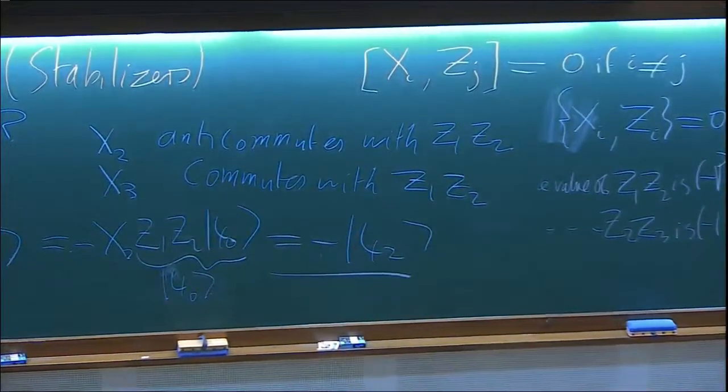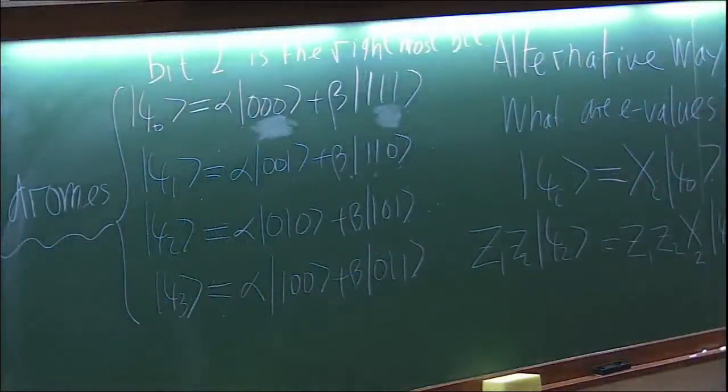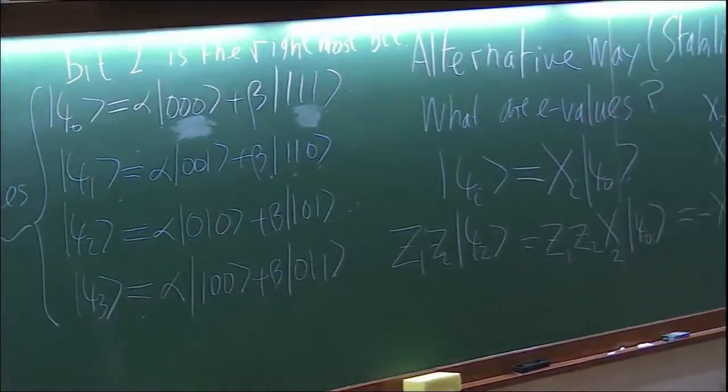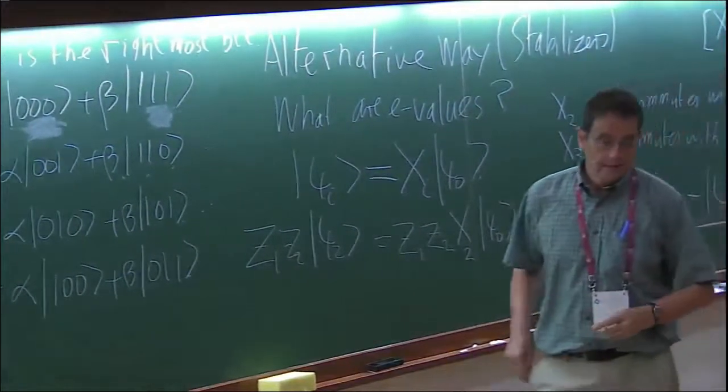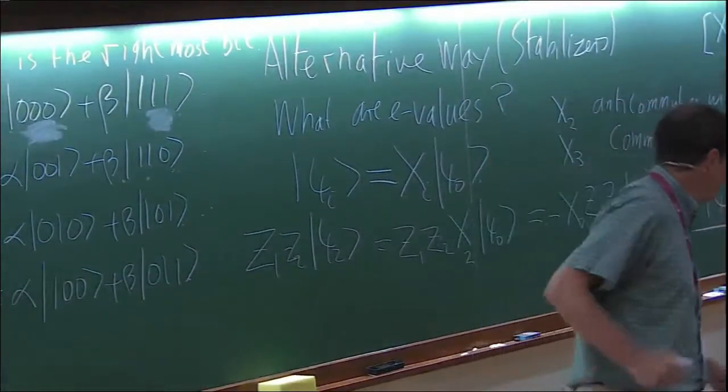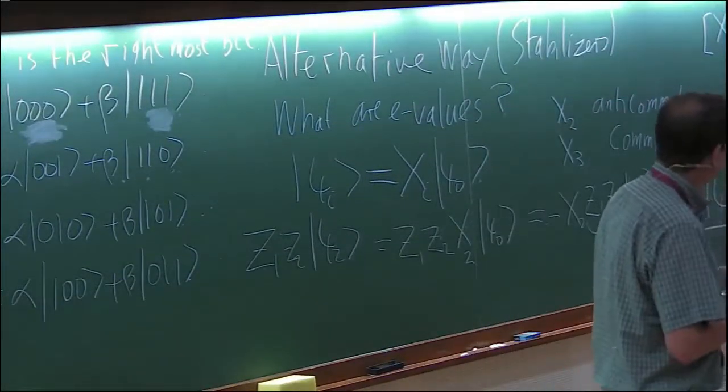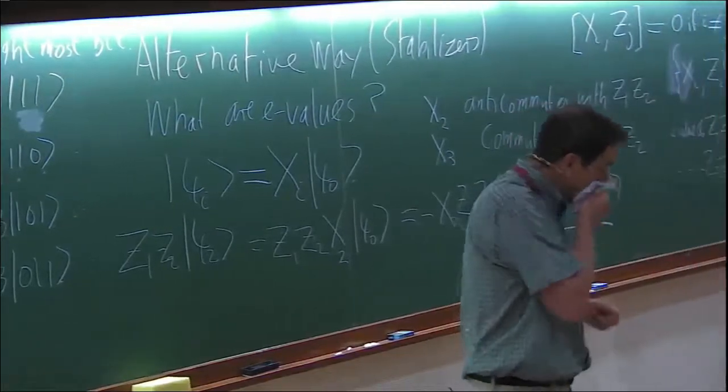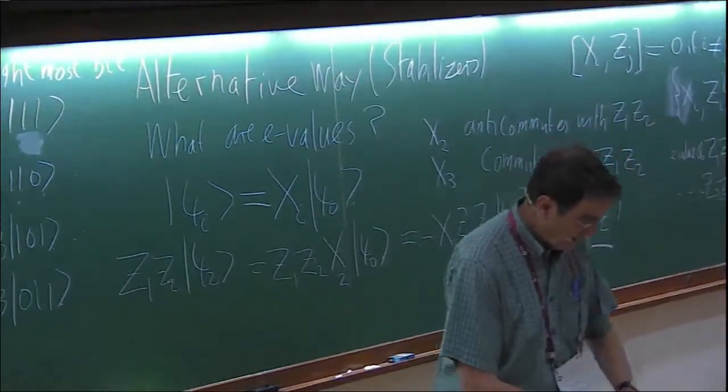So what we're going to do is rewrite our circuit in a way equivalent to this, but where we focus on measuring these stabilizers. And from the measurements of the stabilizers, we can deduce what error correction we have to do.